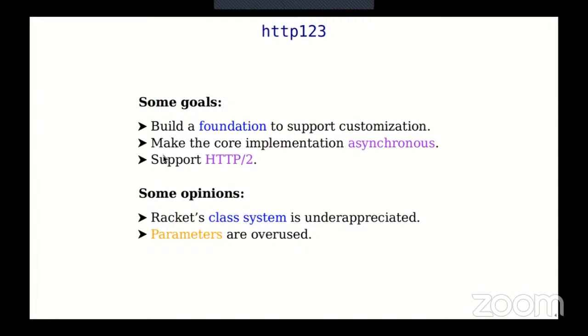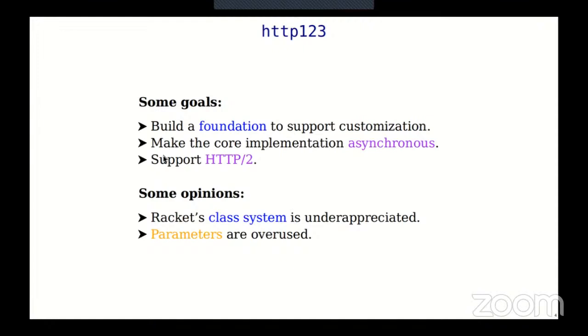Along with those goals, I have some opinions about Racket library programming. I feel like in general, Racket's class system is underappreciated. Most of the non-trivial Racket projects that I have built use the class system in some way or another.